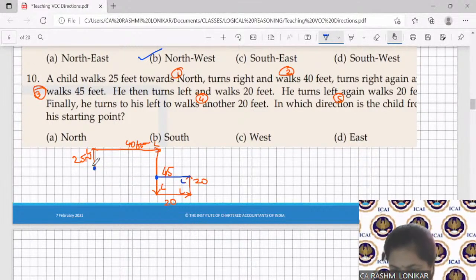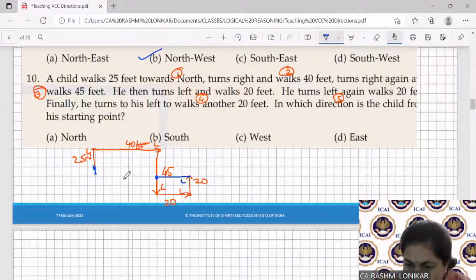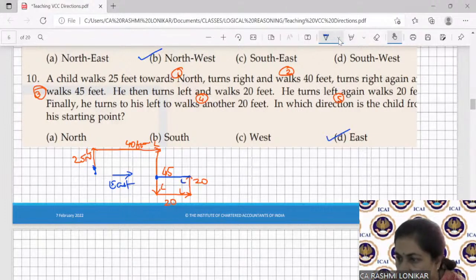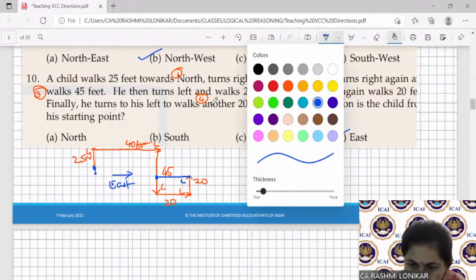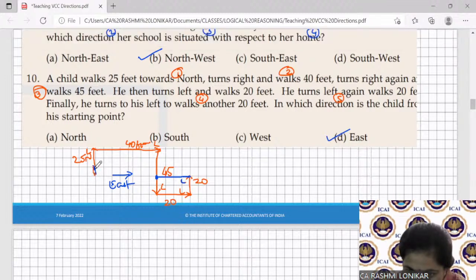So which direction is he from the starting place? He is towards the east. This direction is the east. So what is happening?